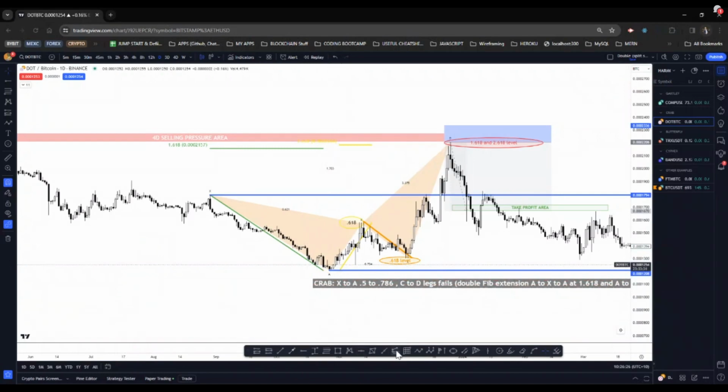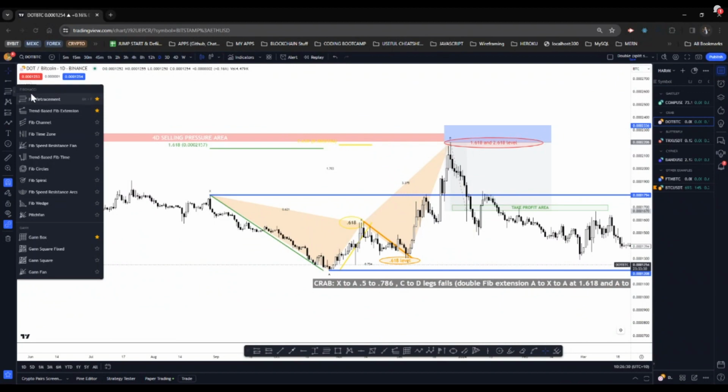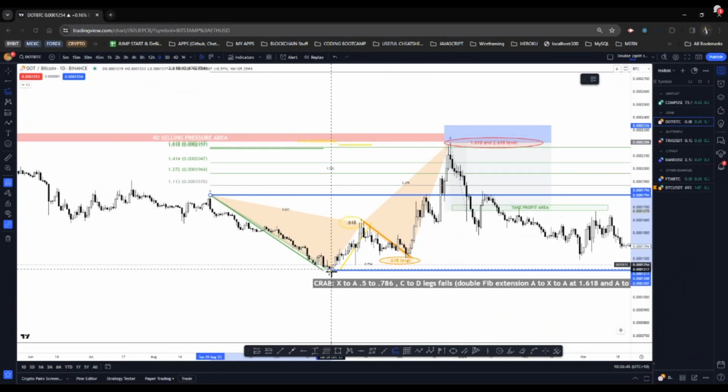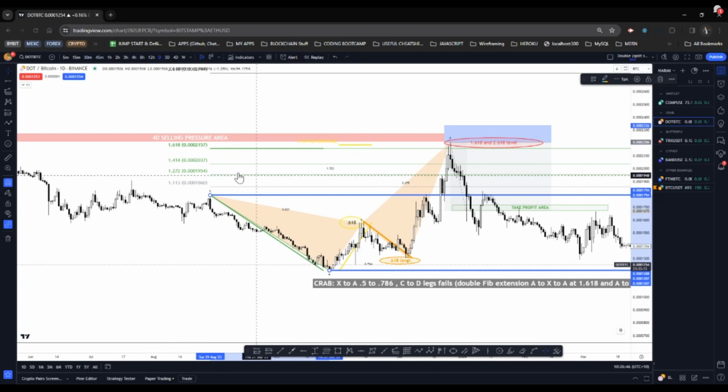You can use this also, which is trend-based Fibonacci extension. See here, it's the second one from the top. In order to do that, you basically just pick low point, high point, and then low point again, and it gives you this area.